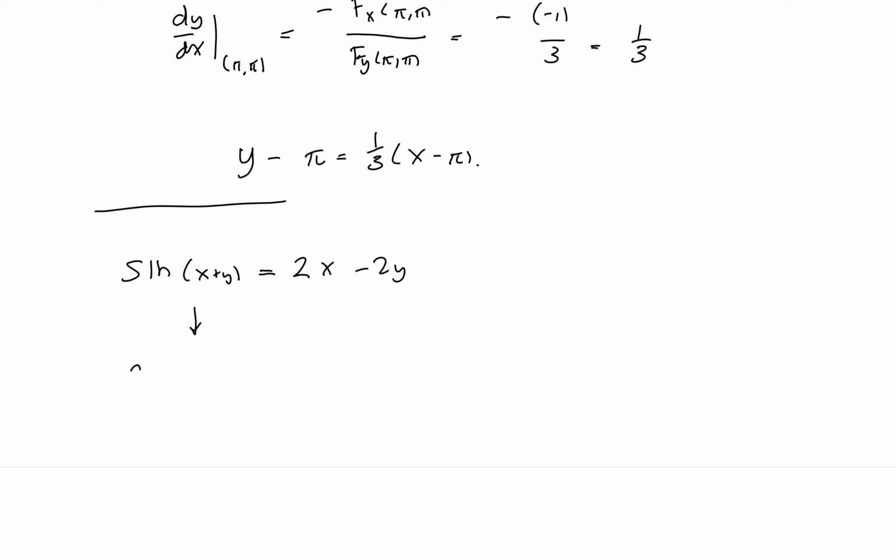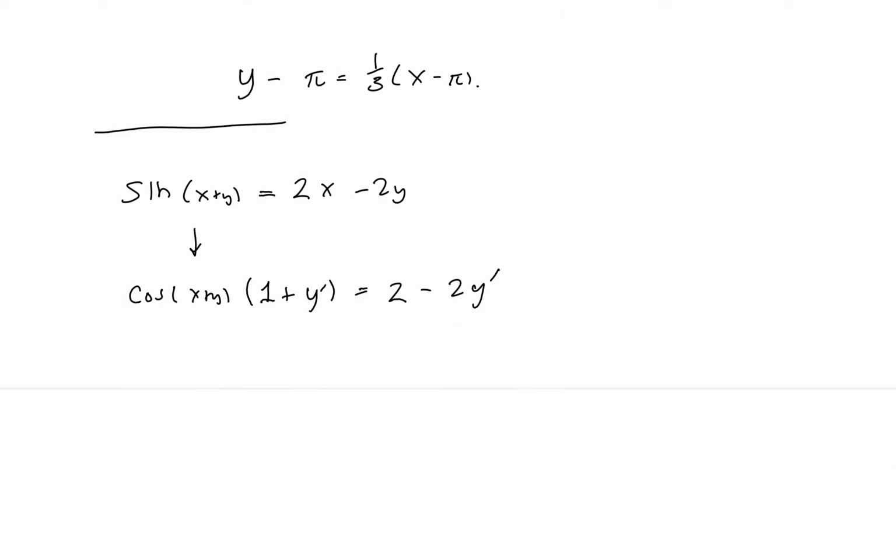So if I differentiate this, I get cosine of x plus y, and then I want the derivative of what's inside, which is 1 plus, and then treat the y like an x, we get 1, but then we have to put a y prime with it. And then we do 2 minus 2, but then I need a y prime, so I differentiated a y.